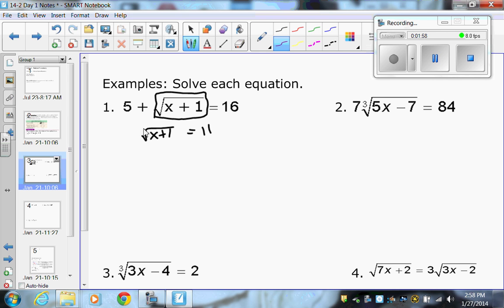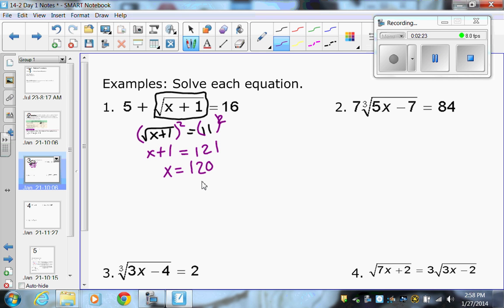Remember, there's an index of 2 here, so to get rid of the radical, I'm going to raise both sides to the second power. This just leaves me with x plus 1. 11 squared is 121. And lastly, solve for x. The opposite of addition is subtraction. So I get that x is 120.